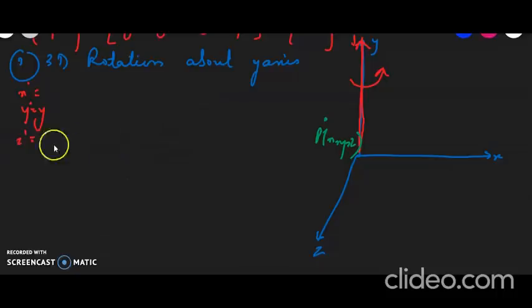Now we see what changes in Z and X, right? As my Y is the reference axis, the first point to be changing is Z and the next point to be changing is X. Why am I saying so? Because when I was doing X-axis rotation, it was YZ that was changing. When I was talking about Z-axis, it was XY that was changing. So when I'm talking about y-axis rotation, it is ZX that is changing.